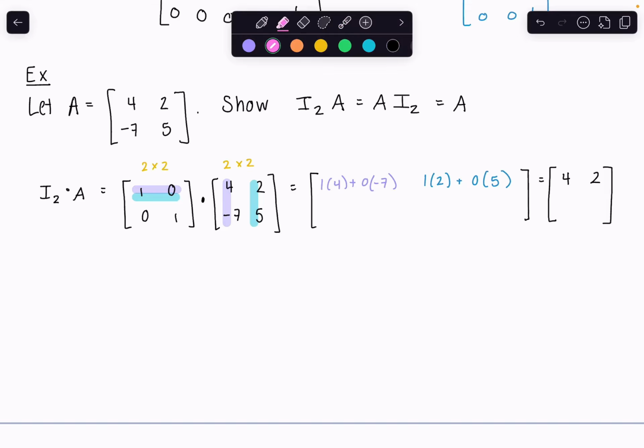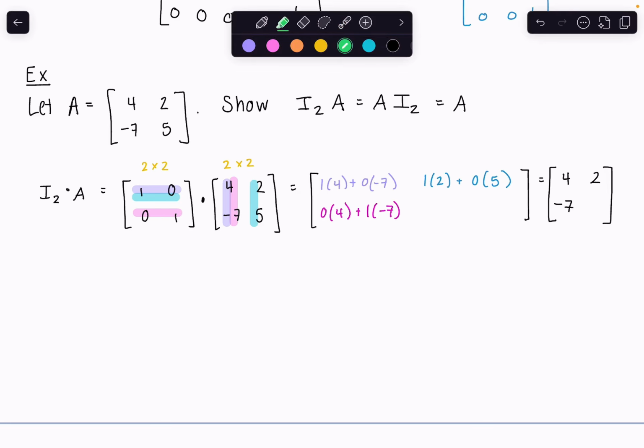So that gives us 0 times 4 plus 1 times negative 7, resulting in negative 7. So the other term disappears, and that also works out.